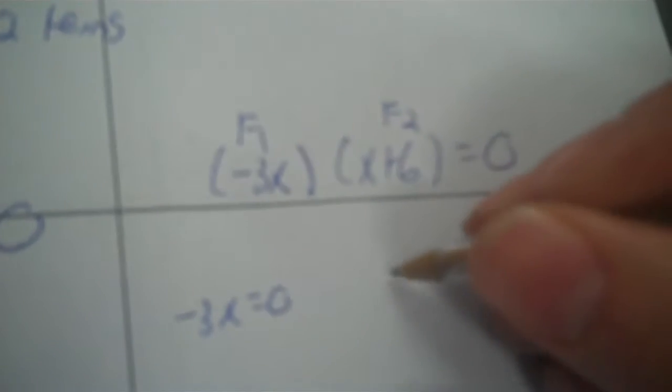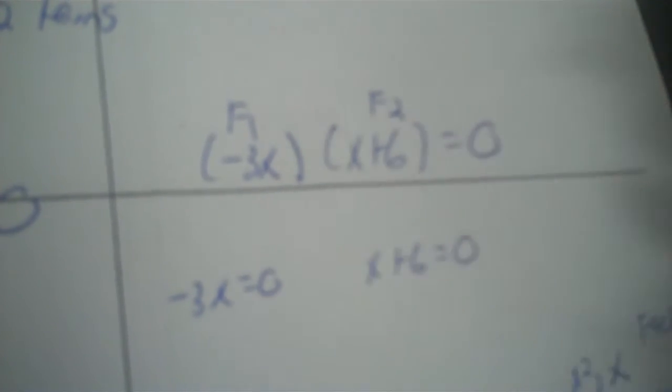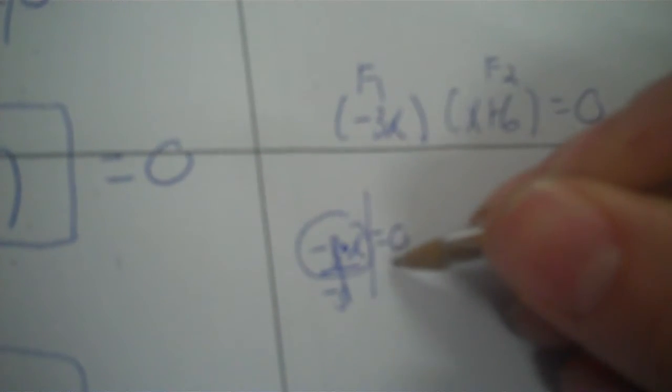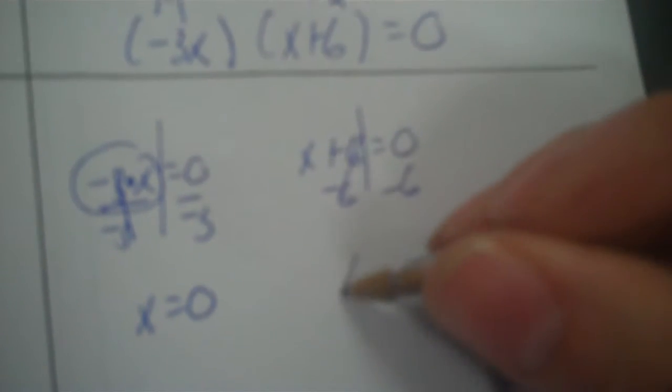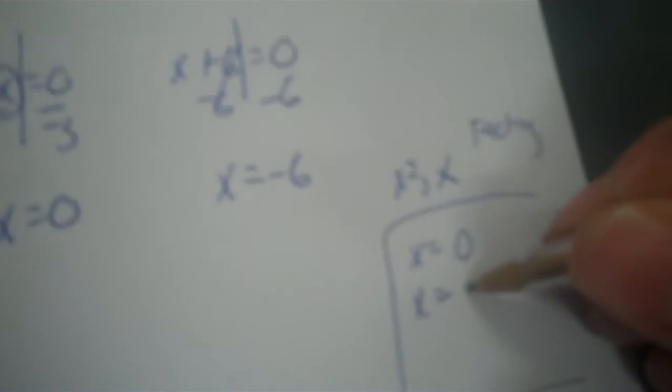Now you solve it, f1, f2. So, -3x could equal 0, or x plus 6 could equal 0. So you just divide by -3, and x would equal 0. Then over here, you minus 6 to get rid of that, and x would be -6.